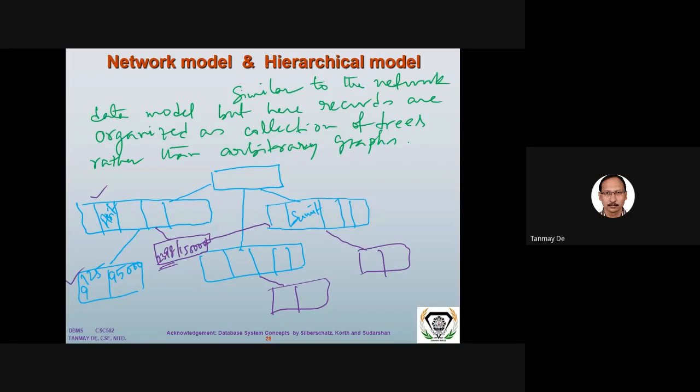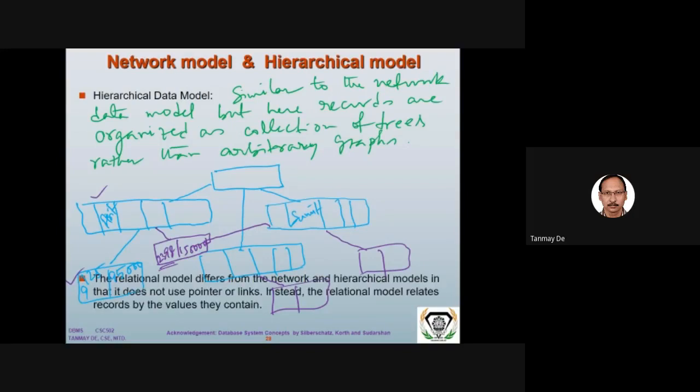I think the basic idea of the relational data model, network data model, and hierarchical data model, and their little bit of difference is clear. Whatever I already told, how do the relational data models differ? In the relational data models, data and relationships are both represented by tables.